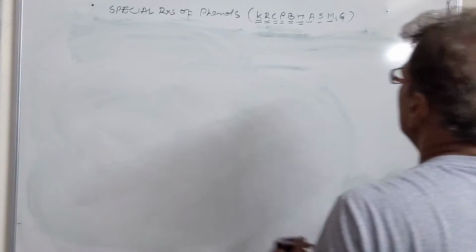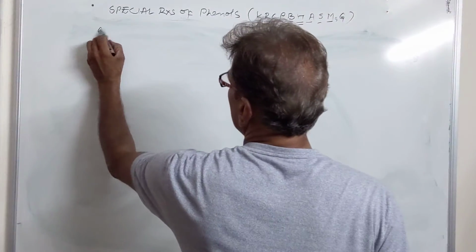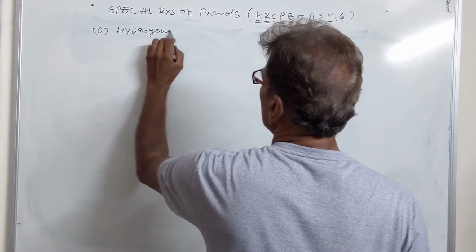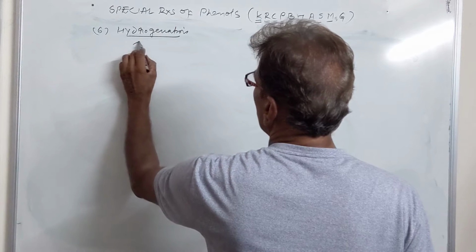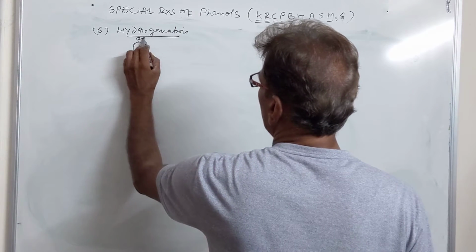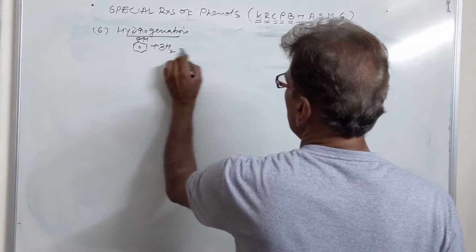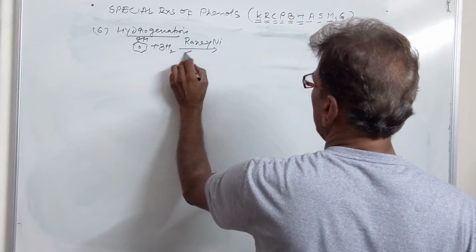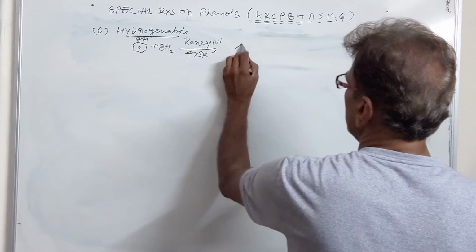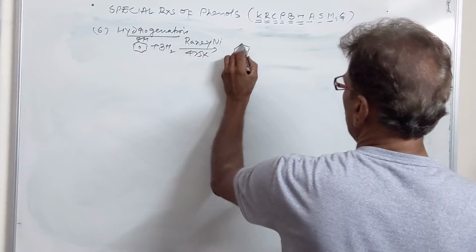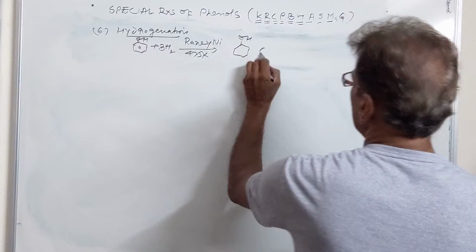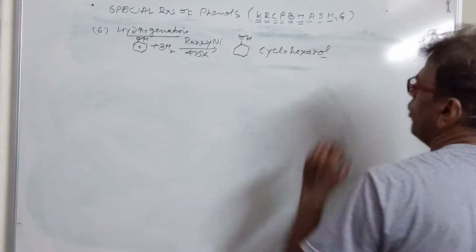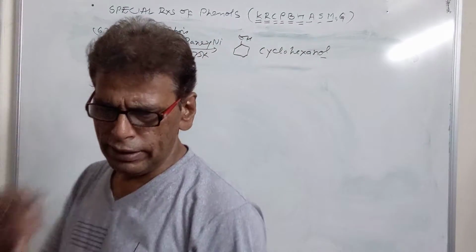So the sixth reaction, that is for H, is hydrogenation of phenol. Phenol is treated with 3 hydrogen in the presence of catalyst Raney nickel, finely divided nickel, at 475 Kelvin. All 3 bonds go off, we get cyclohexanol. It is used as a solvent in organic chemistry.